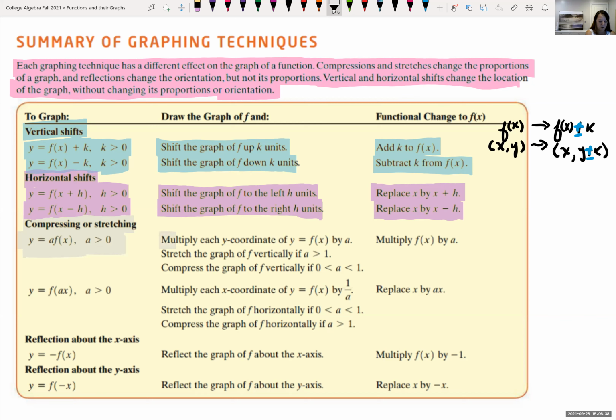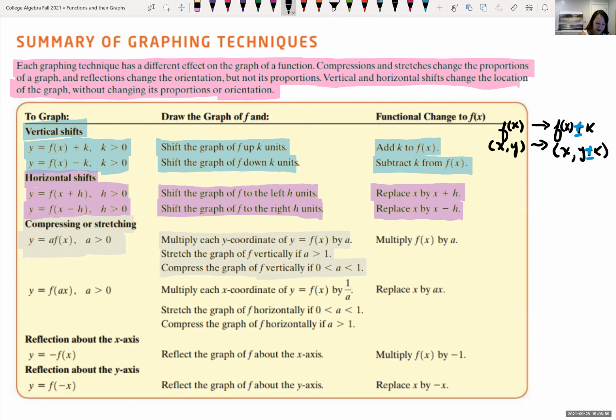Then what we're doing is multiplying every y coordinate, y equals f of x, by a. And this stretches the graph vertically if a is bigger than 1. And it compresses the graph vertically if a is between 0 and 1.